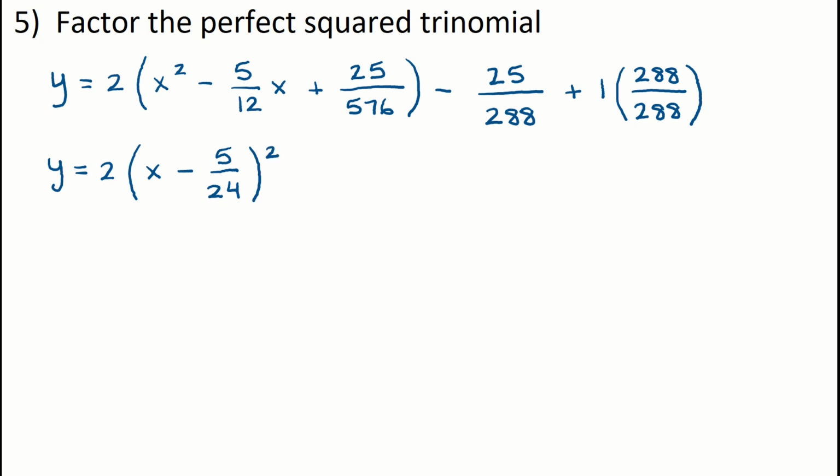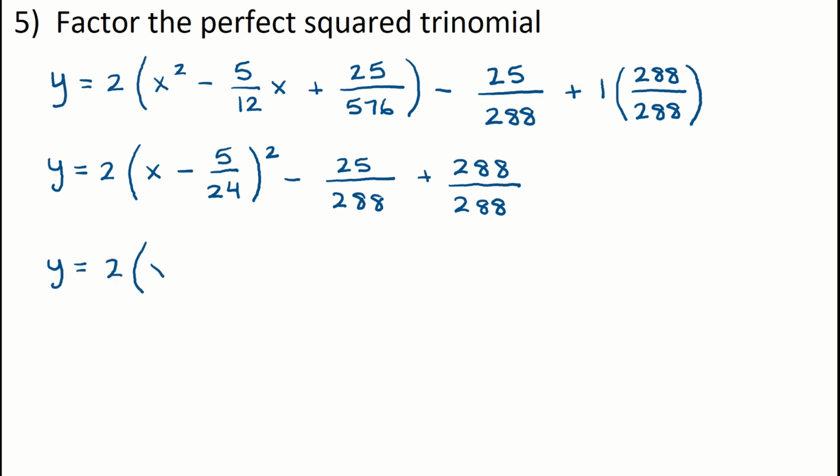And then at the end, I just have to add negative 25 over 288 and 288 over 288, which gives me a final answer of y equals 2 times x minus 5 over 24 squared, plus 263 over 288.